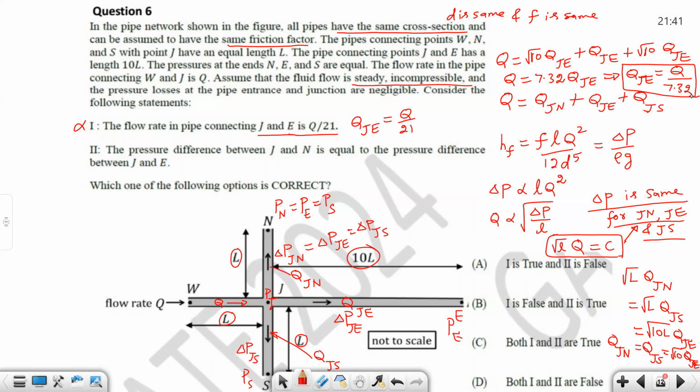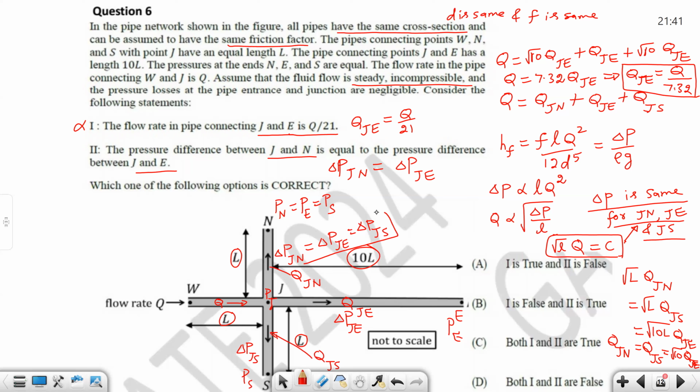Now next, the pressure difference between J and N is equal to the pressure difference between J and E. Delta P JN is equal to delta P JE.